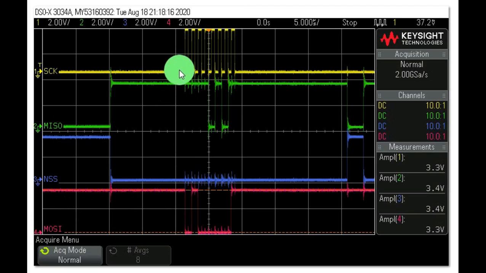You can see that after the rising edge of this clock, the master, let us say your microcontroller, is sending some data to the slave device. And your slave device is also sending some data on MISO, master in slave out. That means your slave device is sending some data to your microcontroller.